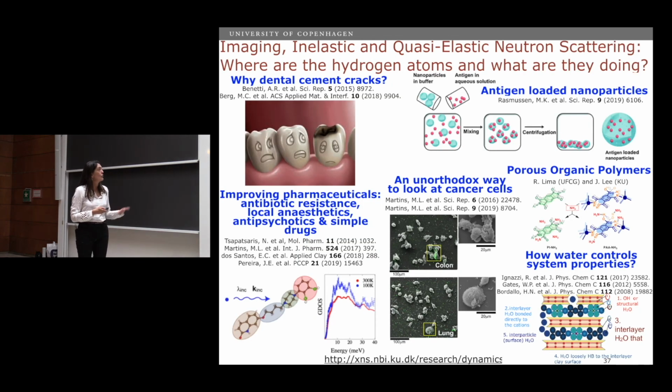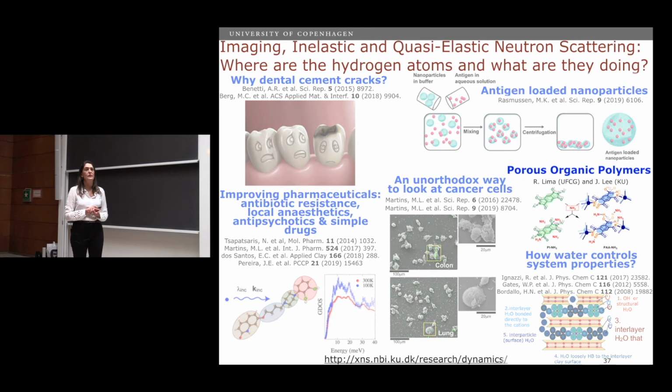Then I show you another problem I have, these porous organic polymers, right? I have no structure. To do the kind of experiments that I showed you, to have the GFT, I have to have a periodic structure. I don't have it here.